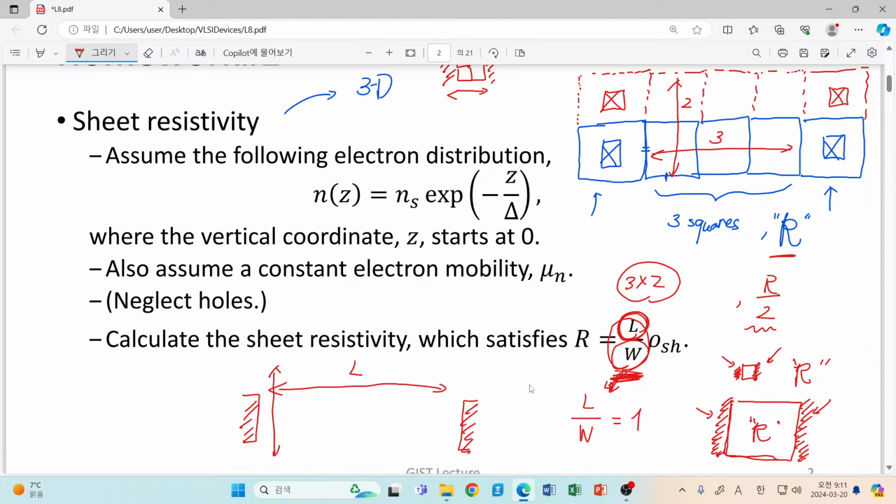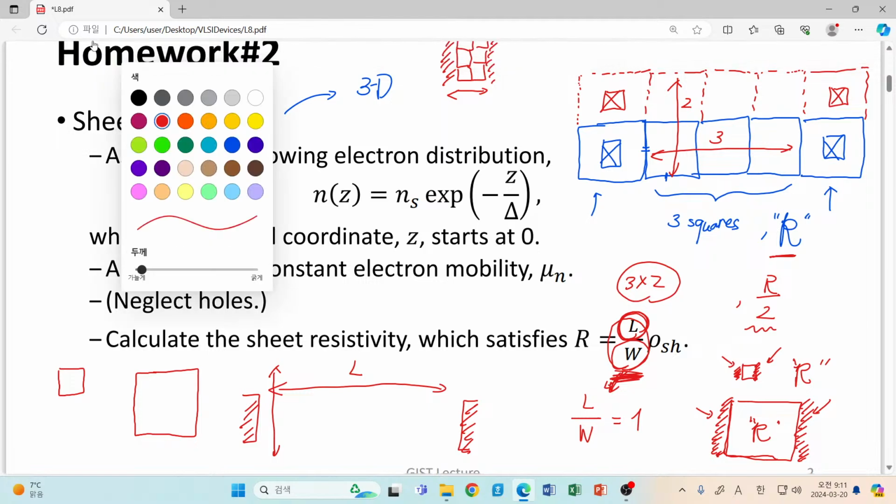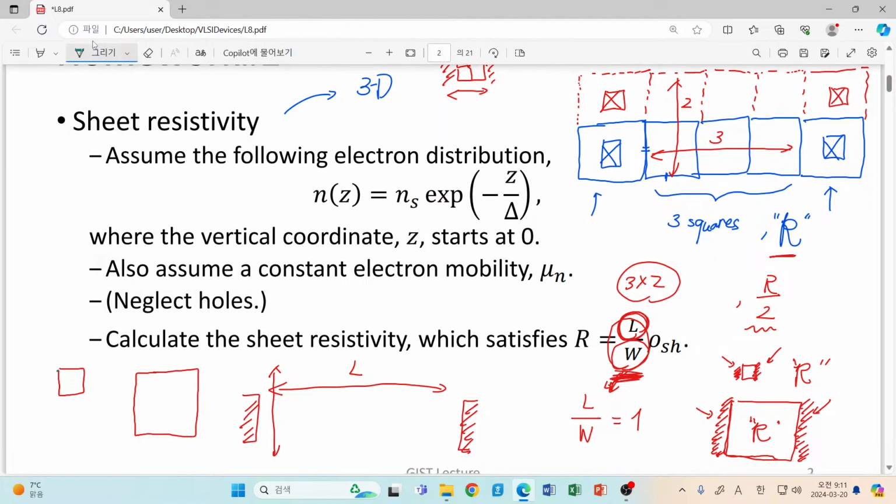Please don't be confused by this. So now let's say that you have a small square and you have a wider square, and this argument just assumes that your metal contacts are located here and there also.